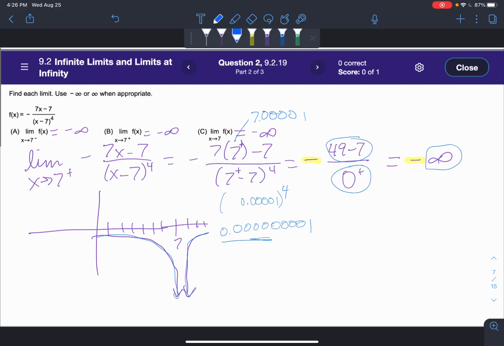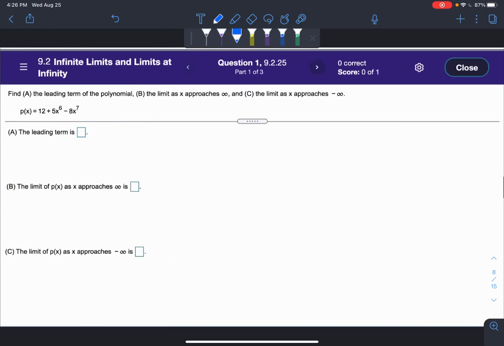All right. Okay, so now we're moving on to polynomials, and we want to talk about the leading term. So with polynomials, they'll always be in the form of x to some power a plus x to some other power b, and so on, and then maybe a constant c where the power is 0.